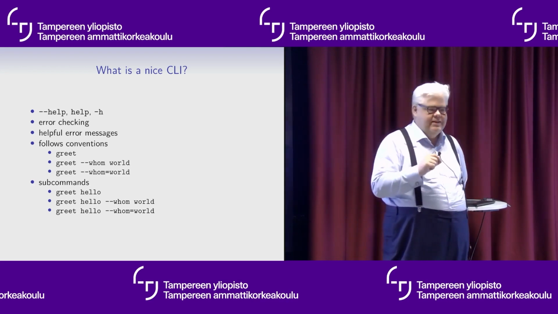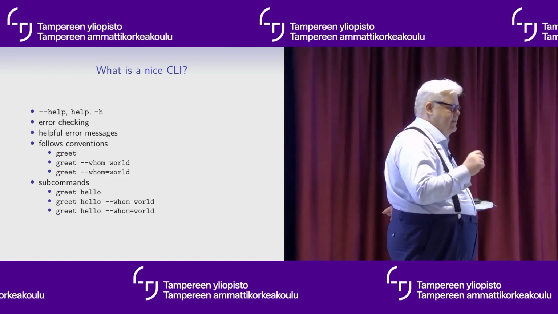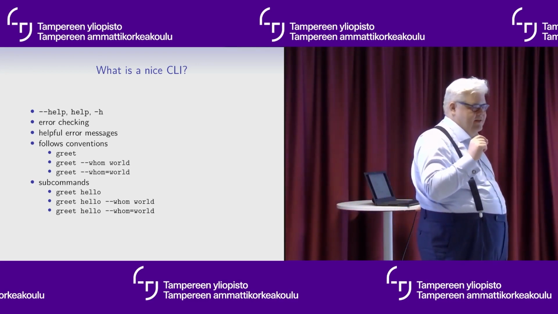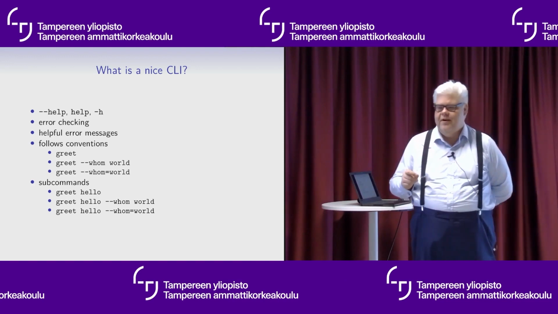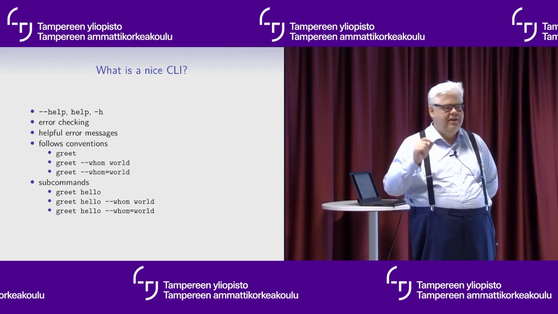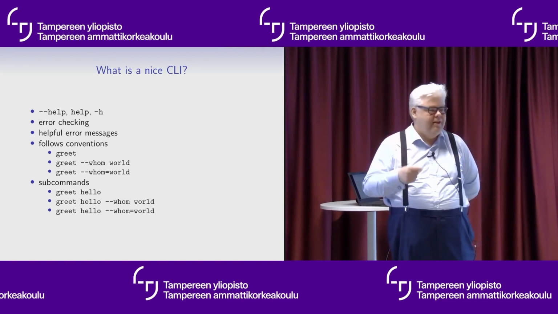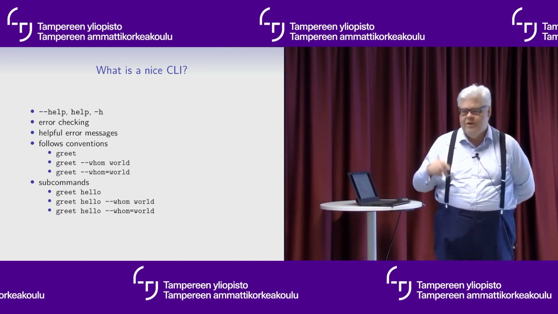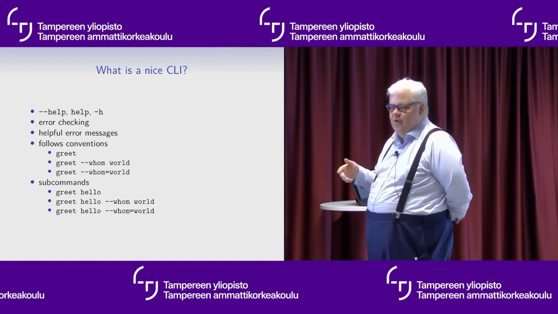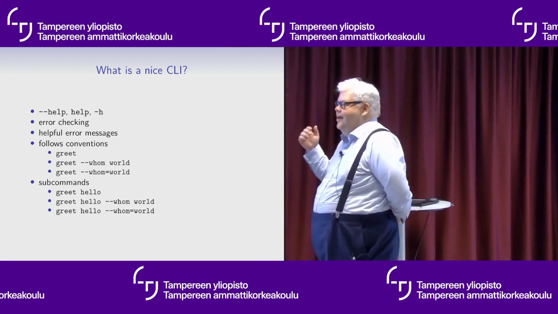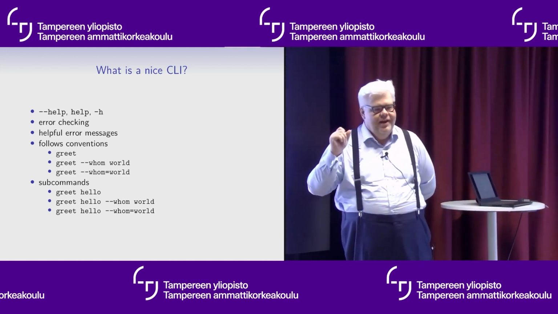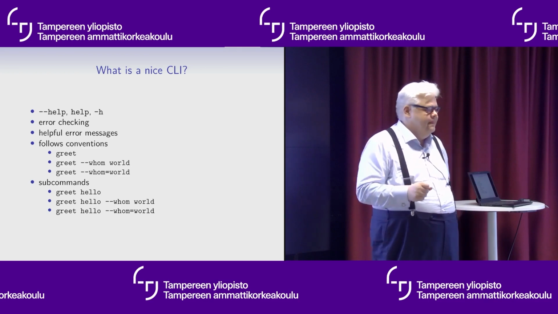In the early 1970s, in Bell Labs, where Unix was originally written, they had an internal enormous flame war, as in people talking loudly at each other. This was before email. This was before Facebook. About what the options should look like.